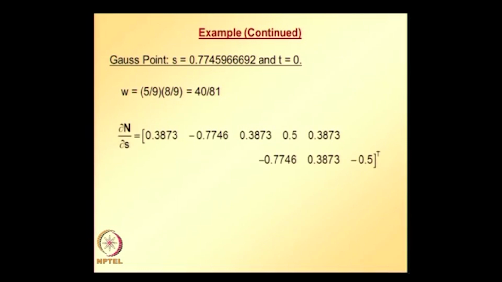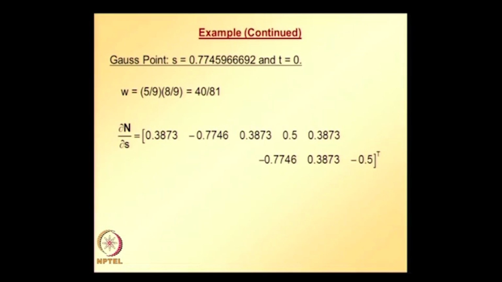The rest of the details are similar to that of the 4 node quadrilateral element, except that the dimensions of vectors are now 8 by 1 or 1 by 8, depending on how you put that vector.